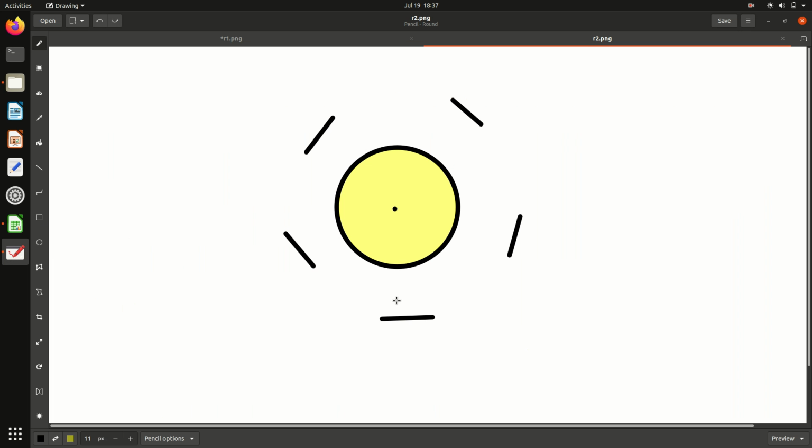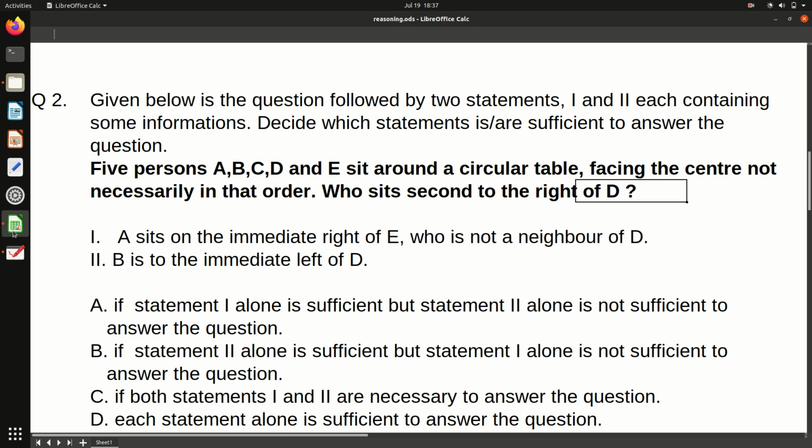You are sitting here and your face should be towards the center. Similarly, you are sitting here, and in this way all 5 are sitting. Not necessarily in the order A, B, C, D and E, that order is not known. Now the question is who sits second to the right of D?